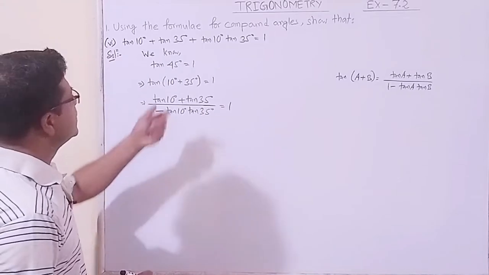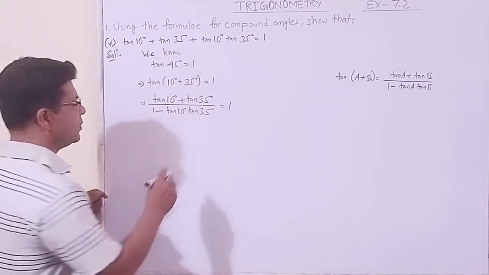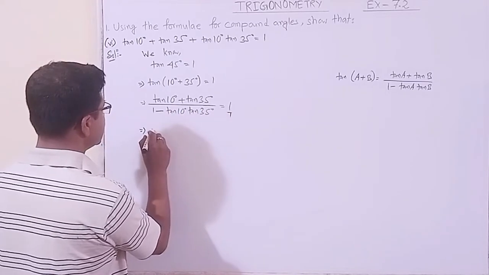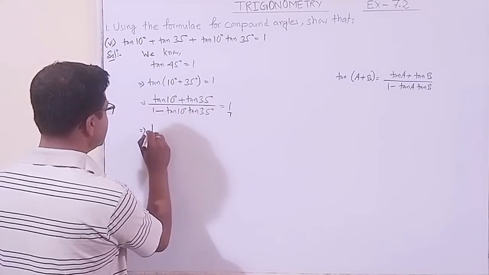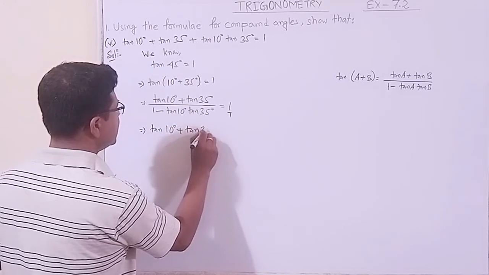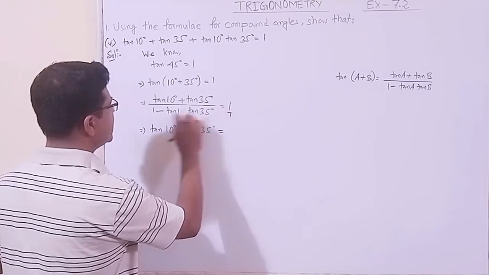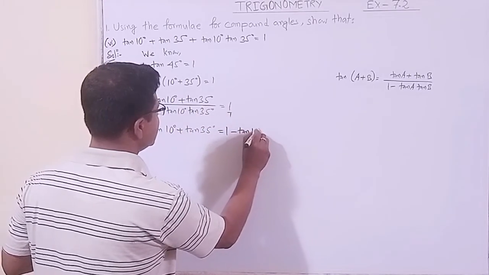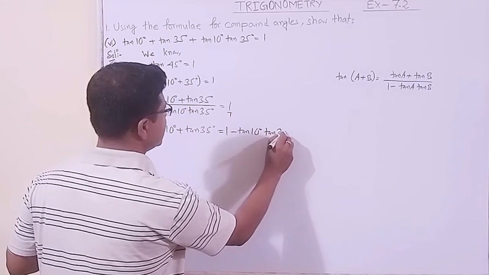Then if we want to prove that, we have to cross multiply. Here the denominator is 1, just writing so that you can understand. Tan of 10 degree plus tan of 35 degree is equal to 1 into this, same thing again, 1 minus tan of 10 degree tan of 35 degree.